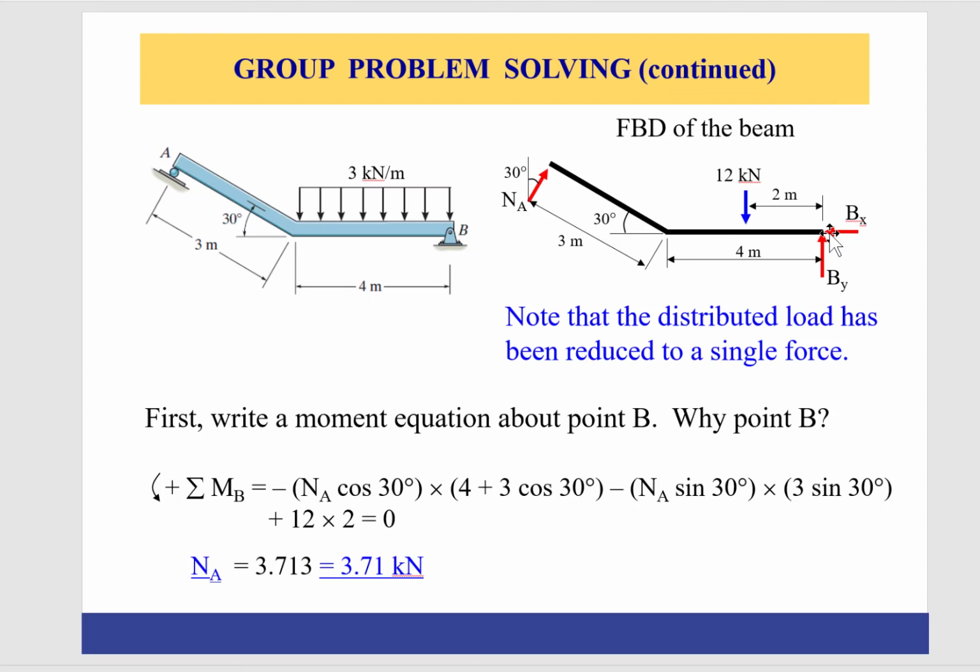Now, to calculate that, I need to calculate the moment of the 12 and the moment of the NA. The moment of the 12 is going to be counterclockwise, so it's 12 by 2, plus the moment of the NA. At the moment of NA, I have to be careful of how to calculate that.